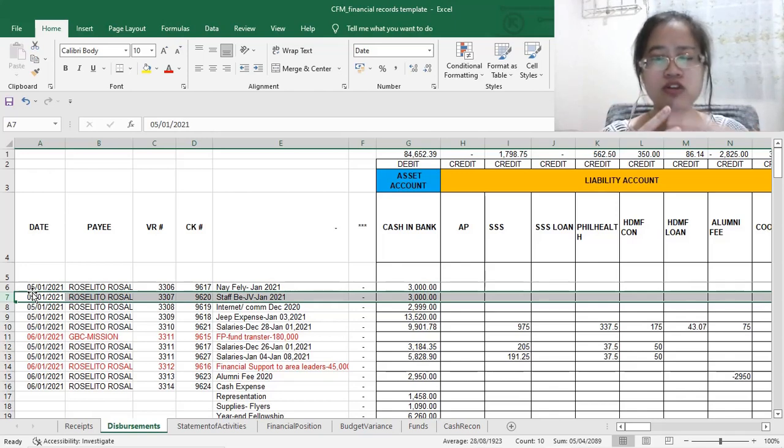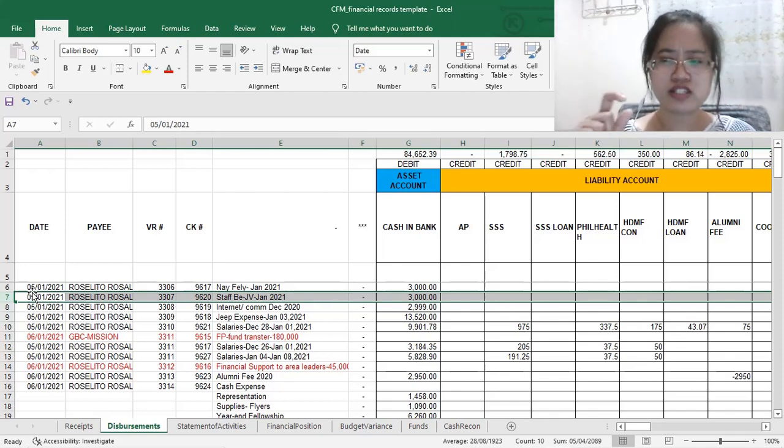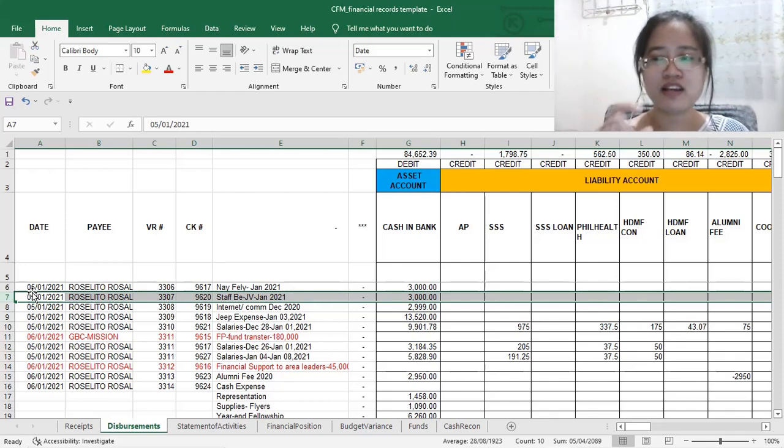Again, when you buy from another legally registered business, of course, they would issue you official receipts. But there are times that any person or organization would have to buy something from an unregistered vendor. In that case, there's an acceptable limit to that.